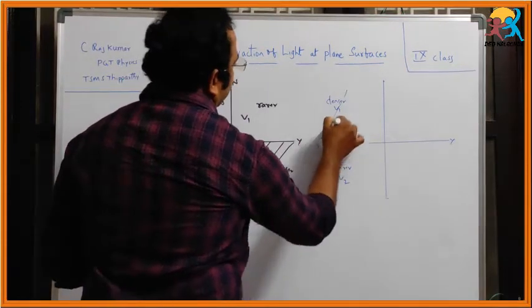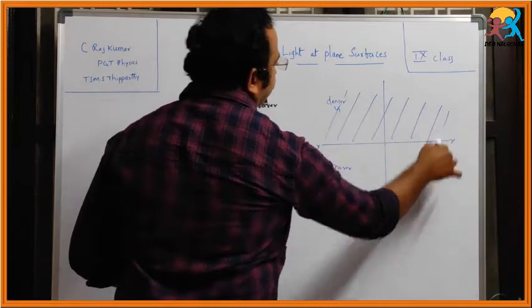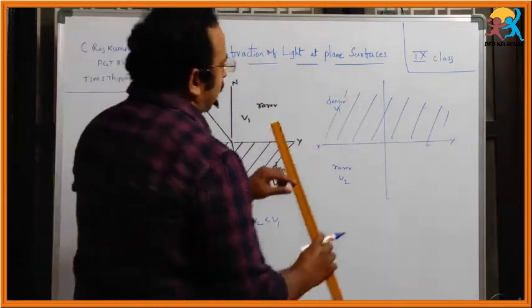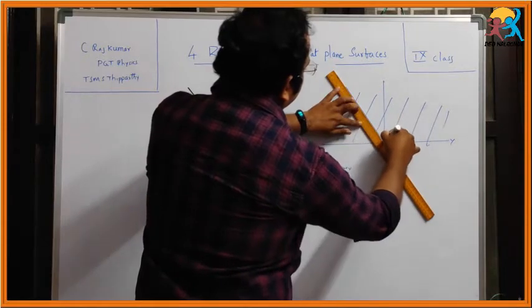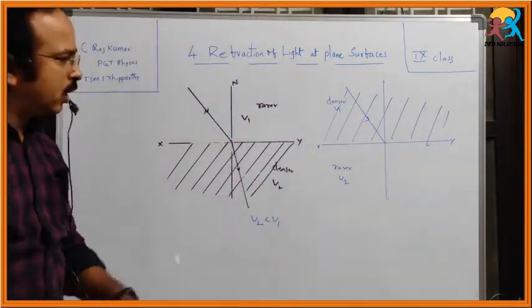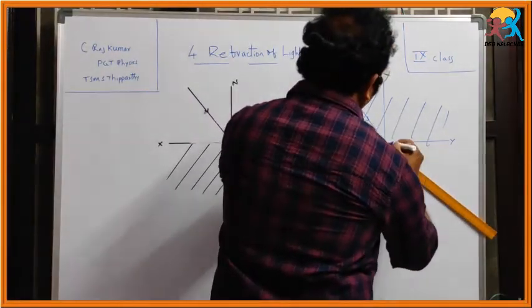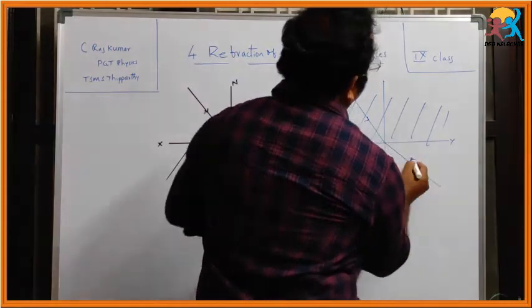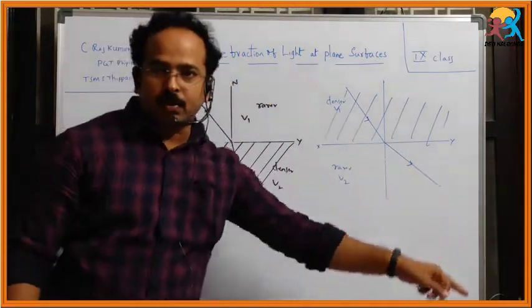Assume that this is another surface filled with water or glass. Okay, the light ray is coming from here. The light ray is coming from the denser medium and it is entering into the rarer medium. It bends away from the normal. So the light, instead of going in a straight direction, deviates its path.